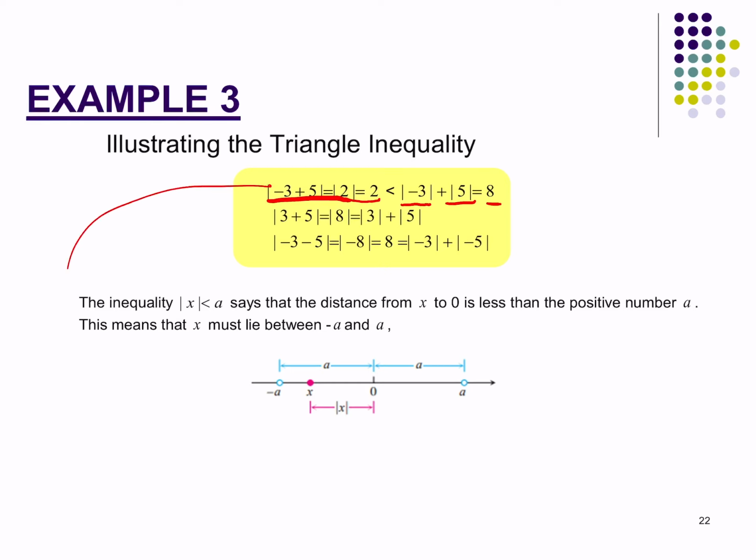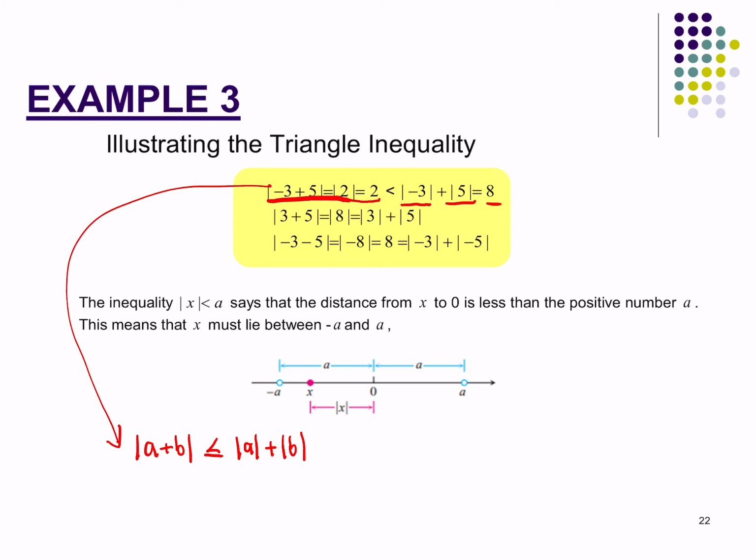If you remember from rule number 4 of the absolute inequality, you have the magnitude of a plus b is less than or equal to the magnitude of a plus the magnitude of b. It can be equal or it can be less than.